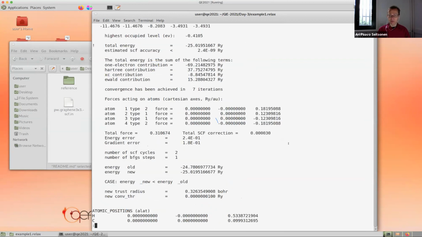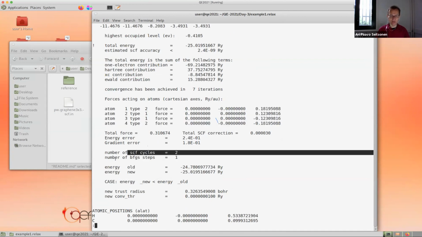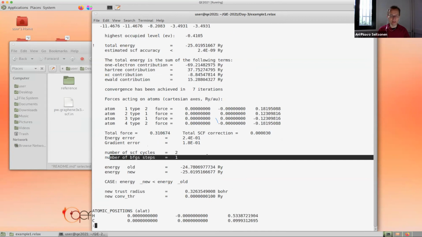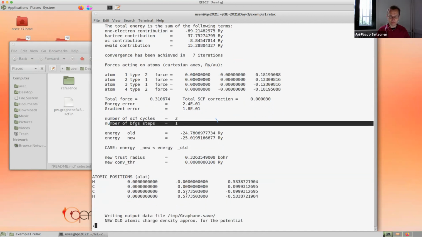Again, the eigenvalues, the forces. You might notice the forces were 0.2 something in the first iteration, and now they're 0.1 something. And this was the second self-consistent cycle, and we have accomplished the first BFGS cycle. And we have the new atomic positions.